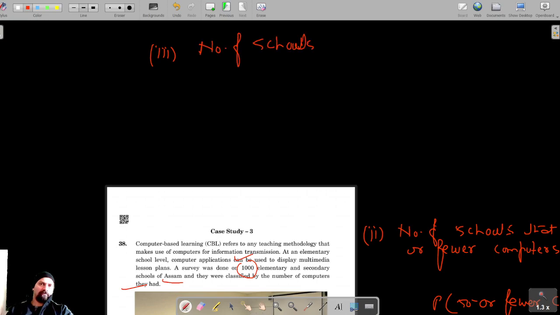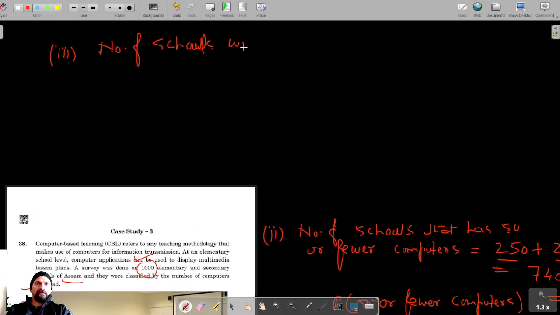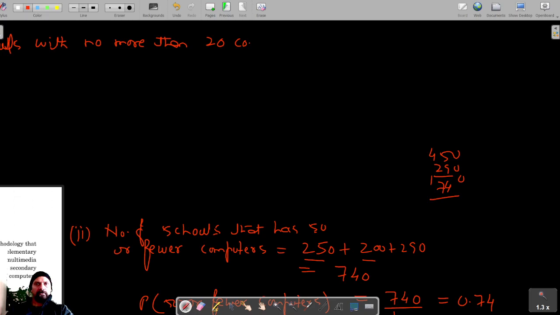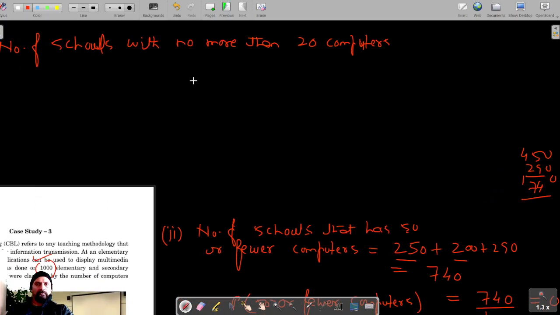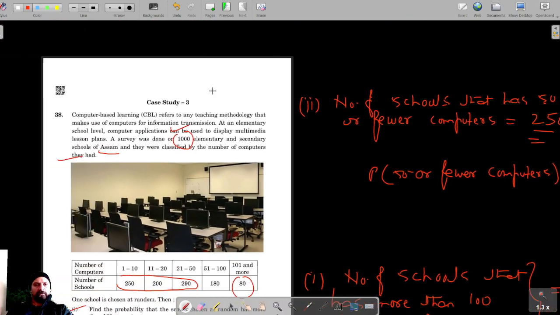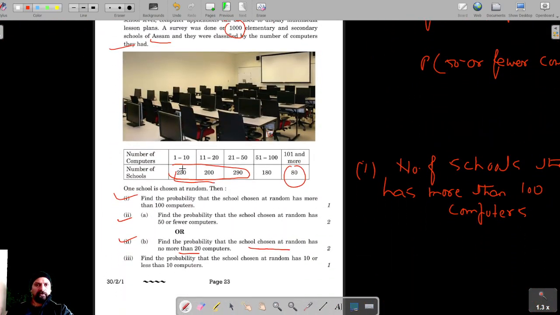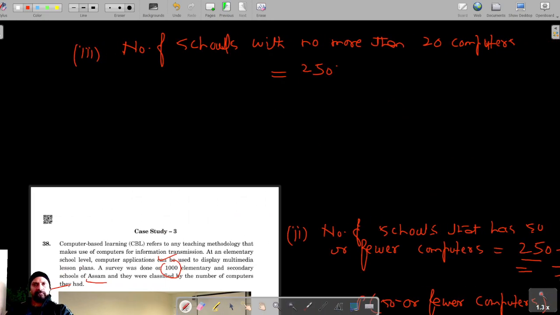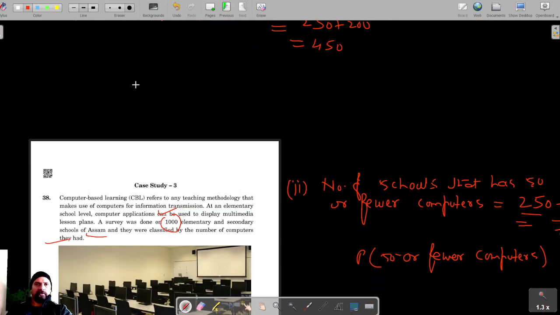So number of schools with no more than 20 computers means 250 plus 200, which is equal to 450.